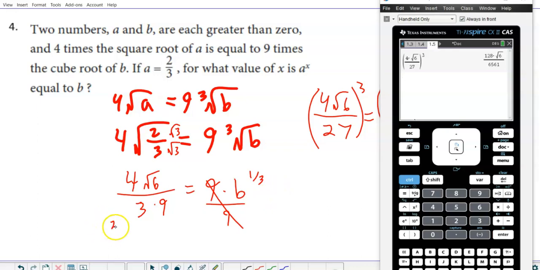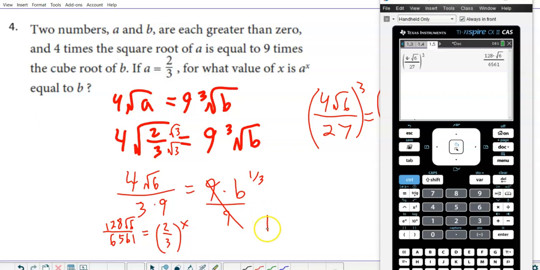We have 128 square root of 6 over 6,561 equals 2/3, because that's what a is, to the power of x. So 2/3 to the what power is that? Well, you could use logarithms at this point, right?